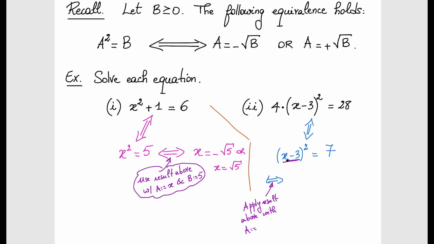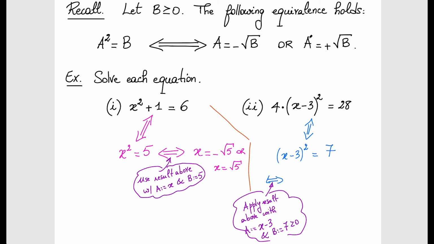It's the x minus 3 that's squared, right? I'm squaring x minus 3. So a is x minus 3, and the b is the 7, which is certainly greater than or equal to 0. So it fits this condition, right?